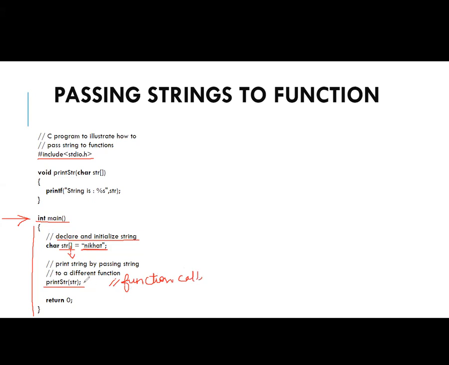Now when I make this function call, it is calling some function. Which function is it calling? The print string function. When it calls this function, it will go to the function which I have already written here. This is the function call, but this is the function definition.